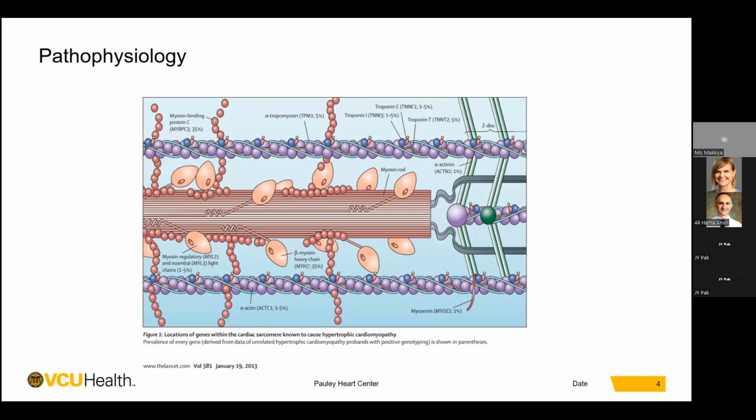It affects the sarcomere, and it is associated with mutation in the nucleotide sequence variants that encode the thick and thin myofilaments, compromising the contractile components of the cardiac sarcomere. This is where the beta myosin heavy chain and myosin binding protein genes are mostly involved.